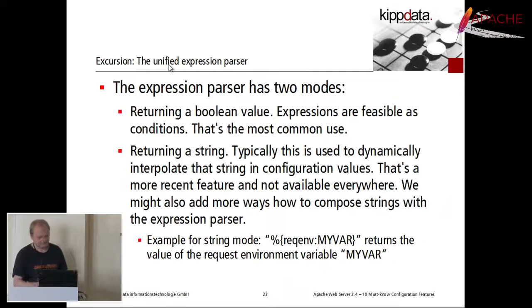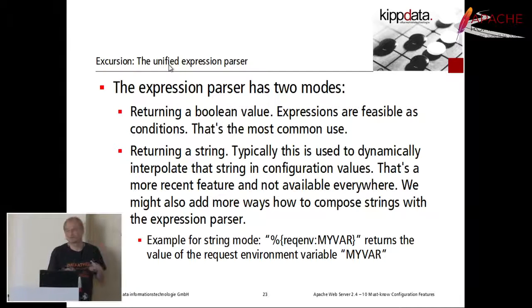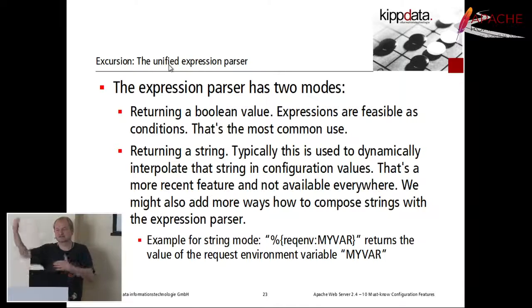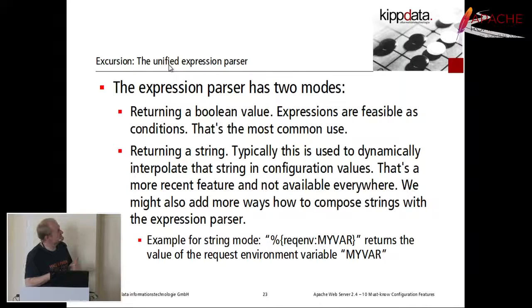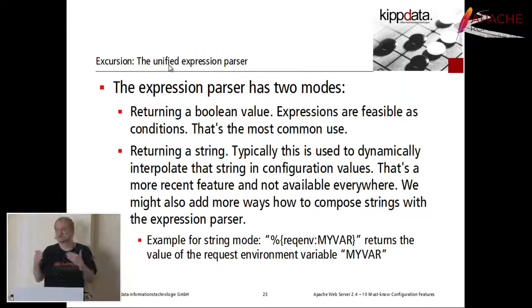So the expression parser has two modes. The traditional mode, the first mode that was used, was a Boolean mode. So the return was always just true or false, and you used it as a condition in your configuration. Nowadays, there's more and more use of a second mode, namely it returns a string.